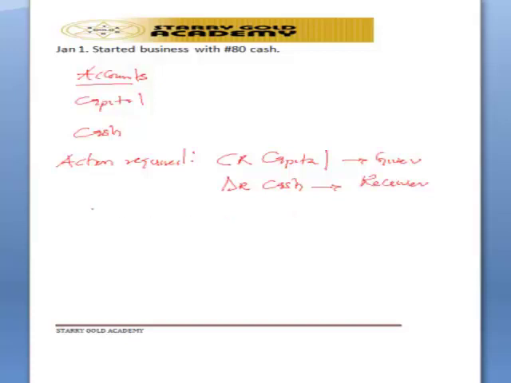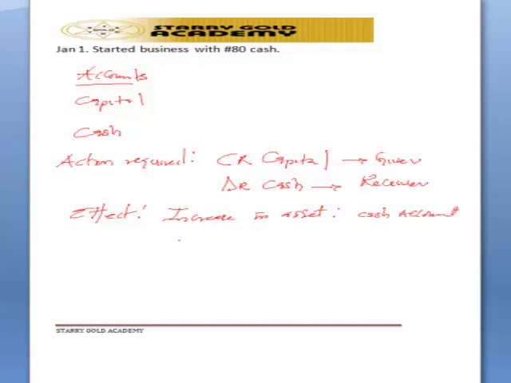And what would be the effect of this? Remember, cash is an asset, and from our previous illustration, a debit entry in an asset means there is an increase in assets, and that asset here is the cash account.